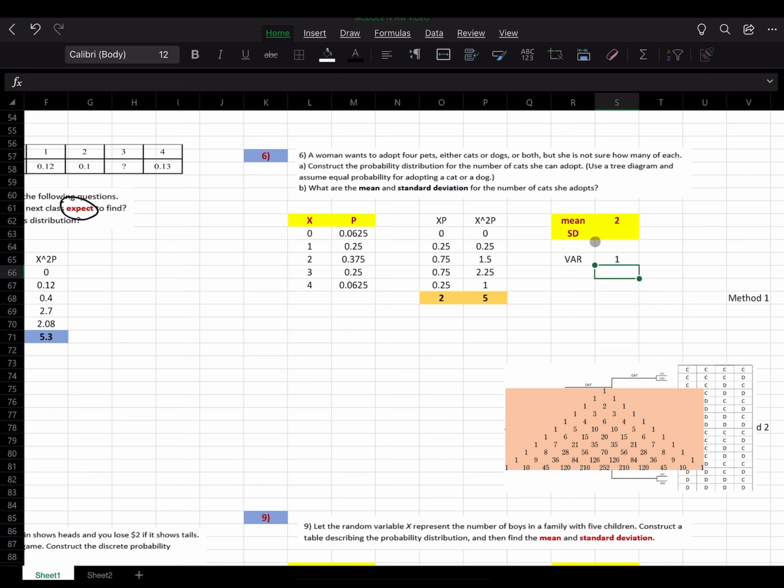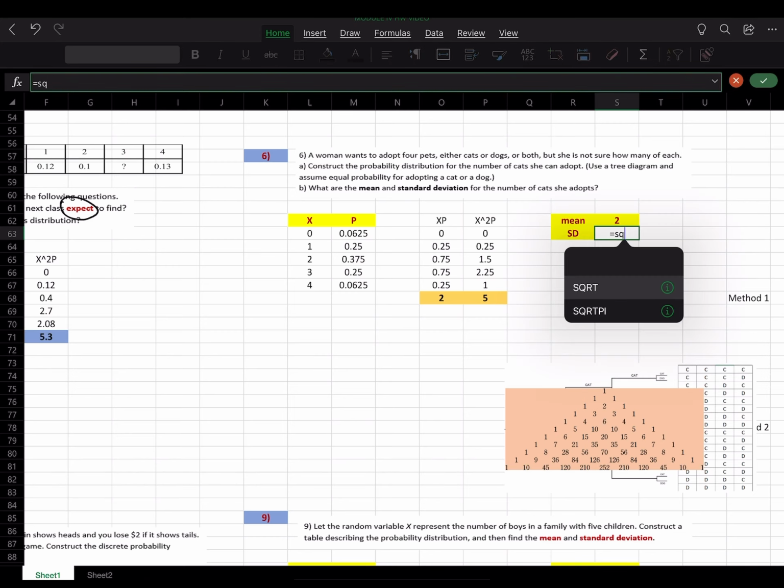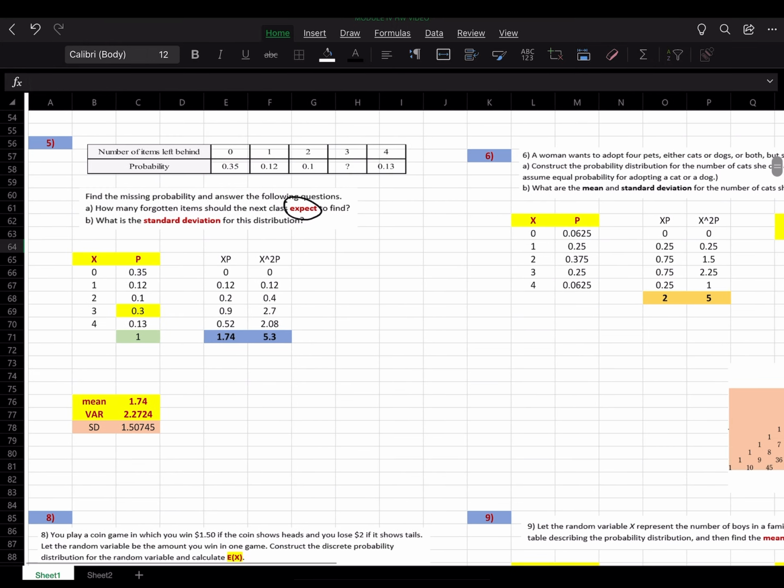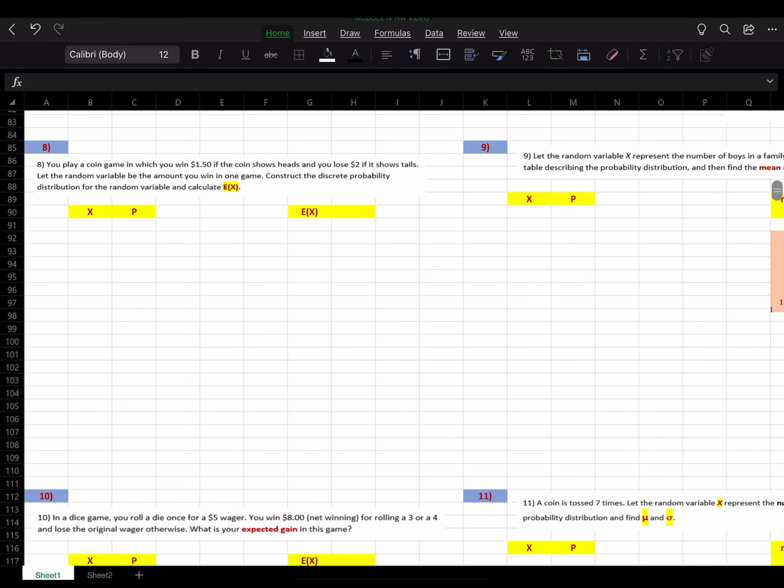Variance is 1, so thank God. The standard deviation is the square root of 1, which is 1. But I'll just do it anyways. And there's the mean and the standard deviation for number 6. Let's move on to number 7.